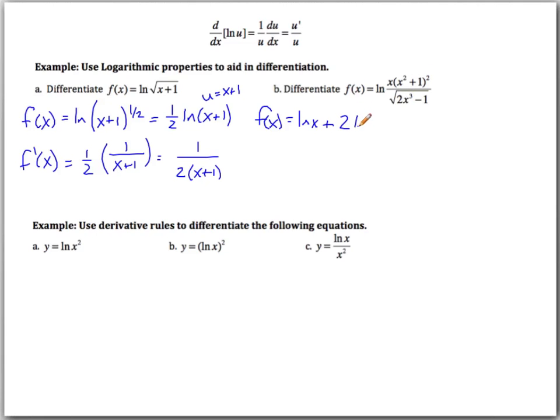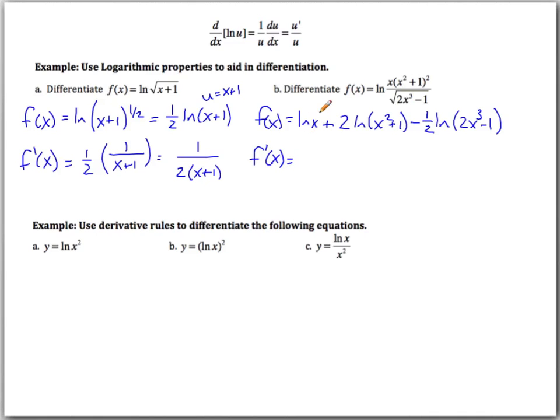So we have 2 times the natural log of x squared plus 1. And then divided by, so that's going to be minus. And we know 2x cubed minus 1, the square root is going to be to the 1/2. So let's bring the 1/2 out in front right away. And then natural log of 2x cubed minus 1.